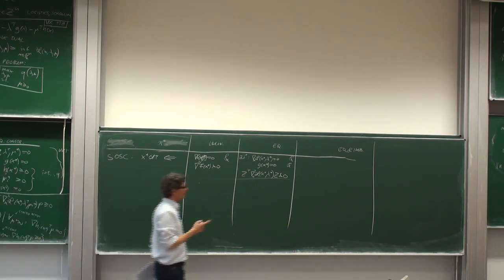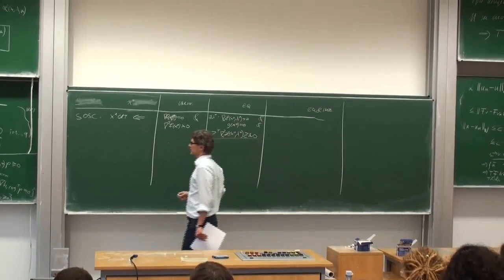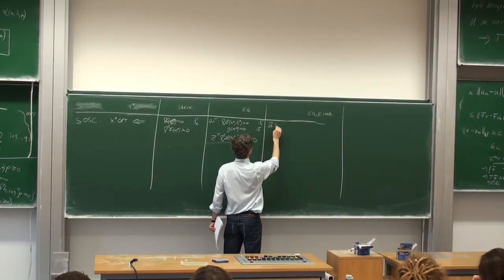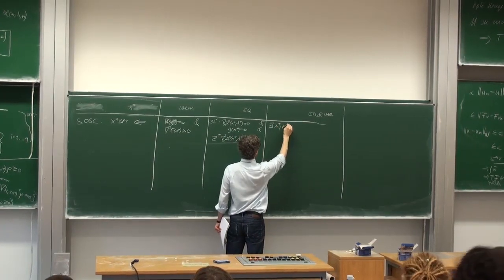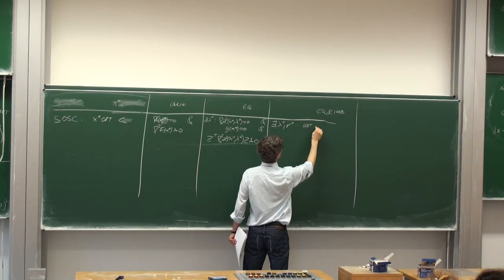And now for equality and inequality conditions, I will not repeat all the KKT conditions. So the first thing is there must exist lambda star and mu star so that KKT conditions are satisfied.